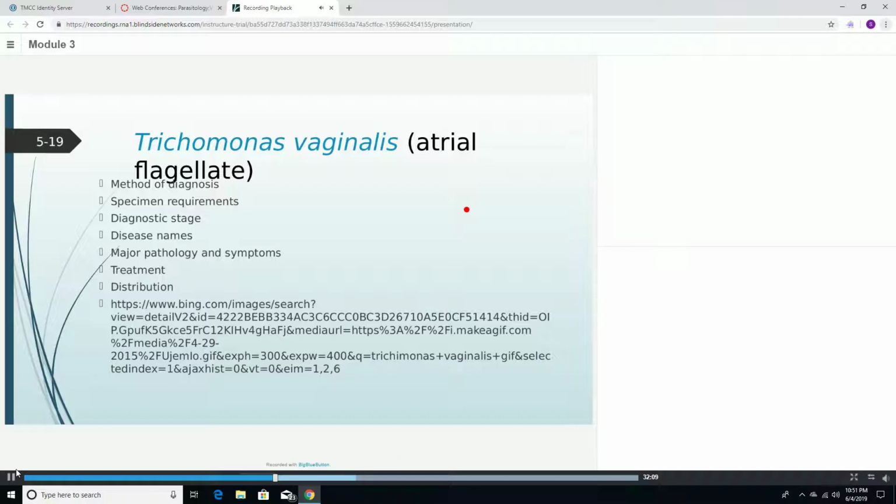Men are usually asymptomatic, so they're not going to experience any symptoms with a Trick infection, but it's an STD, so most of the time an infection is going to come from a man. Distribution is worldwide. We have two different types of organisms that fit into the Trick species. We have Trichomonas hominis, and this one's found as a fecal contaminant in urine samples.